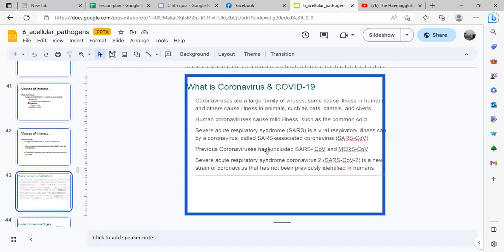Of course, I need to discuss also COVID-19, yung COVID-19 sickness caused by the SARS-CoV-2. So yung particular name ng virus, SARS-CoV-2. So it's a family of coronavirus. So it can cause illness in humans, animals, and bats, camels, and civets.